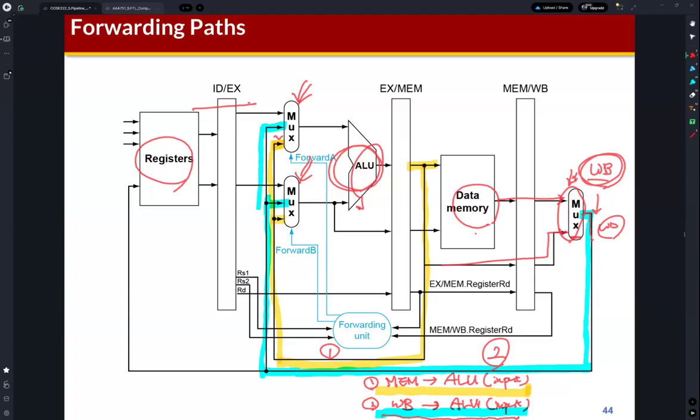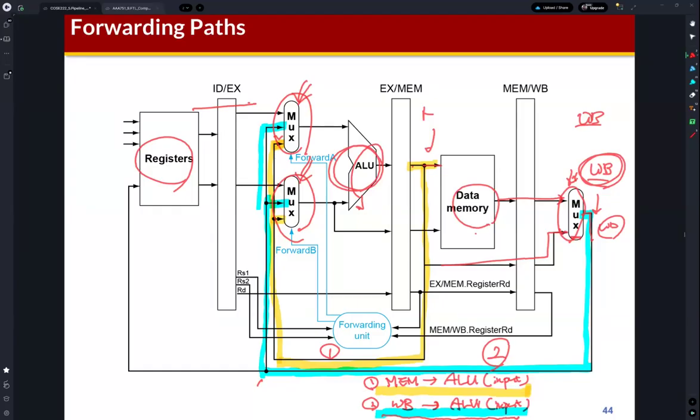Okay, so in order to support the data forwarding, we added hardware, right? It's the forwarding multiplexer, and the data is transferred from the memory stage, this yellow line, and from the write back stage, the mint line, right? So we implement the hardware.